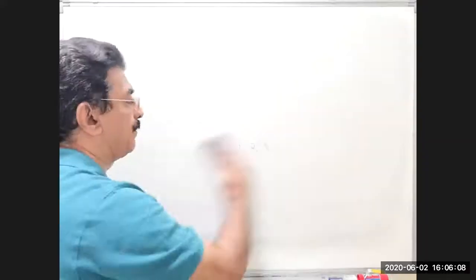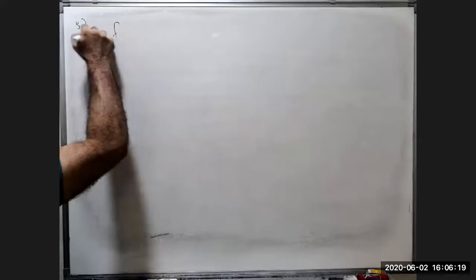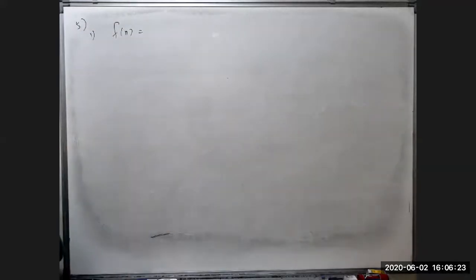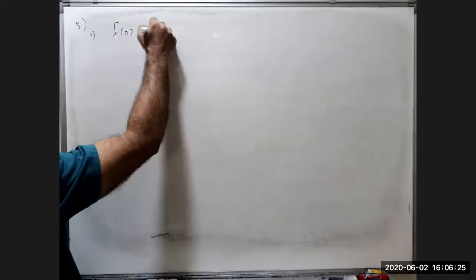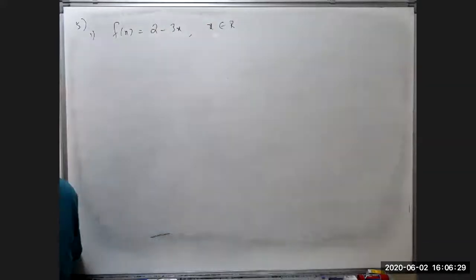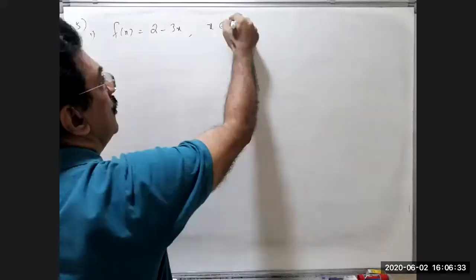Now coming to question number 5. The question is to find the range. First one, f of x is 2 minus 3x, and x belongs to R, which means x is a real number.